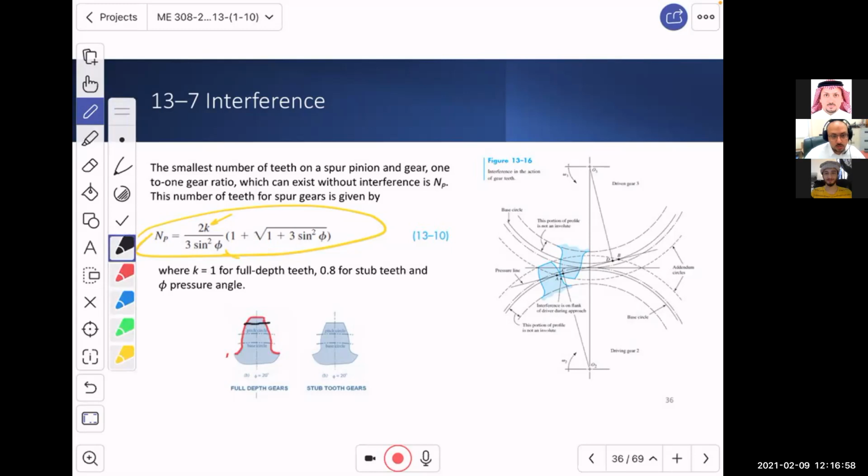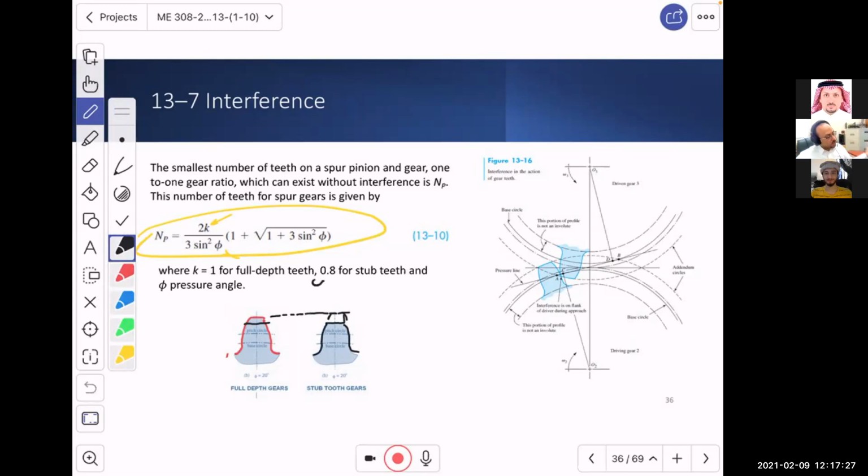I don't need it. So what did you do? You cut it off. So you machined it, or you ordered a gear which is supposed to have a little bit up over there, but you decided that you don't need it. That's called a stub tooth. And if this is the case that you have, you should put k as 0.8.